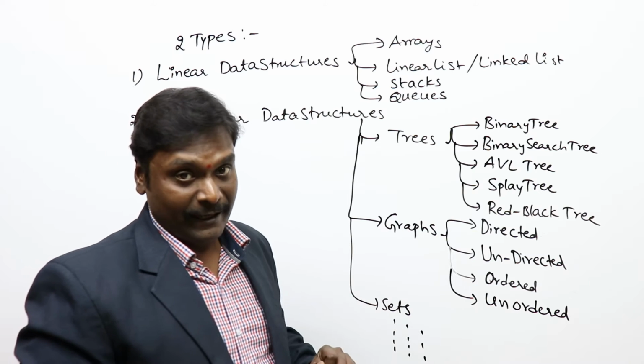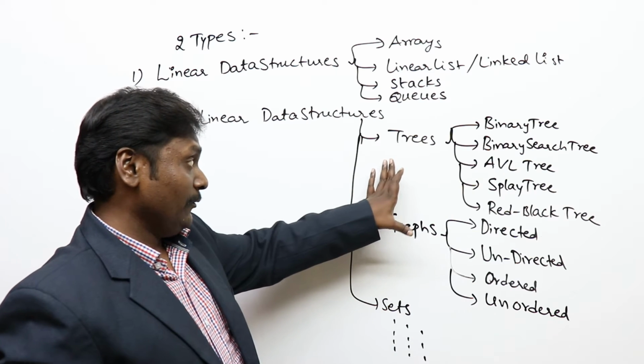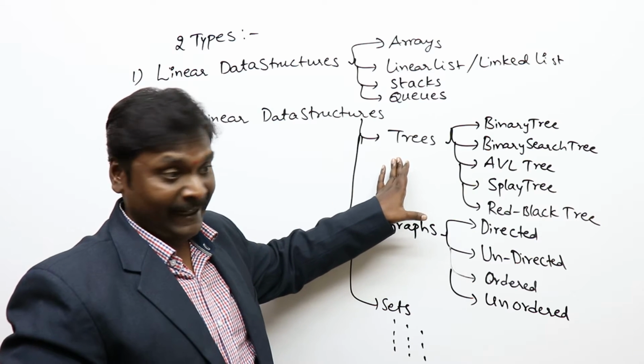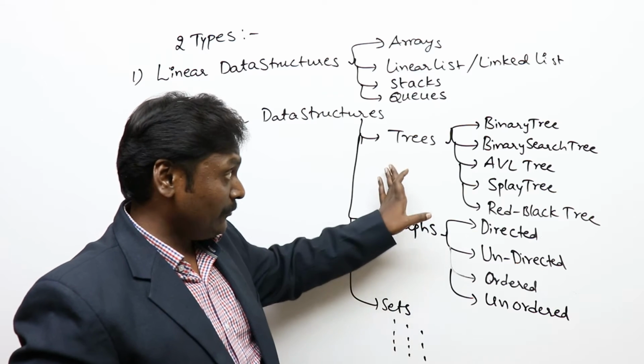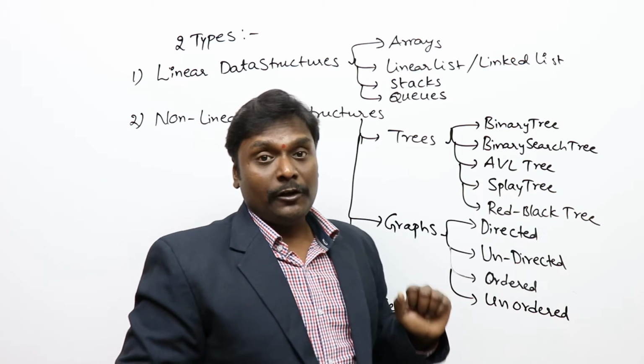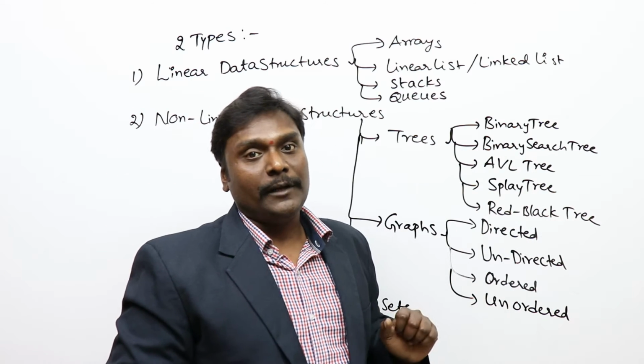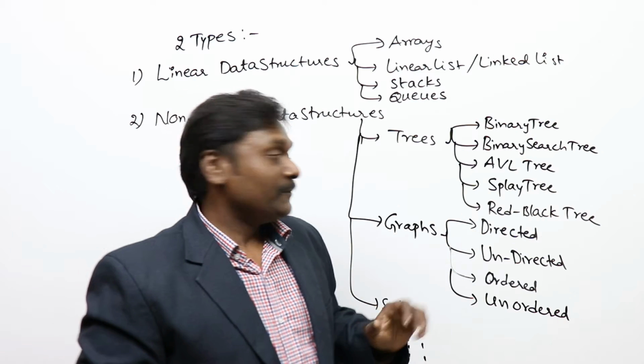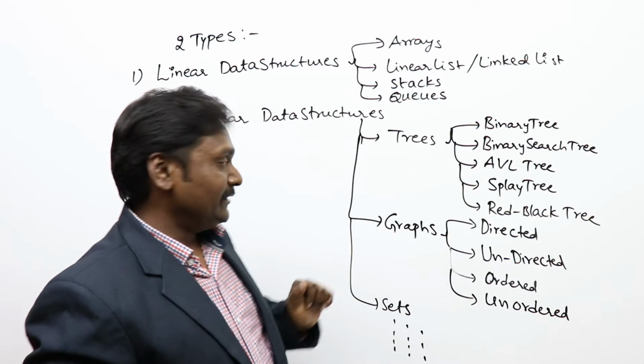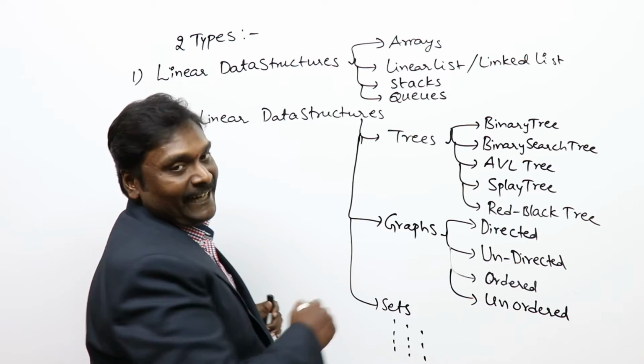Different concepts are included. As a part of that, we are going to discuss what a tree is, what a graph is, the types of trees, and the representation of each tree with an example. Okay, so this is the trees concept, and graphs and sets and so on.